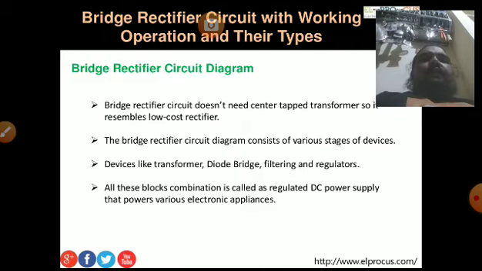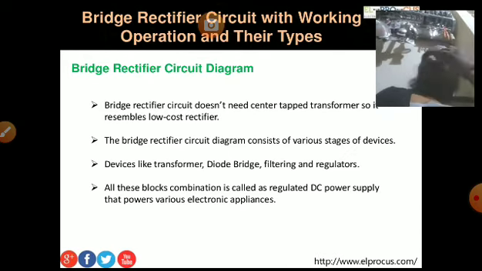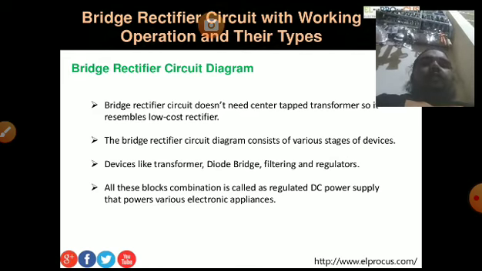The circuit consists of various stages of devices like the transformer, diode bridge, filtering and regulators. The regulator means the Zener diode. All those blocks combined are called a regulated DC power supply that powers various electronic appliances.